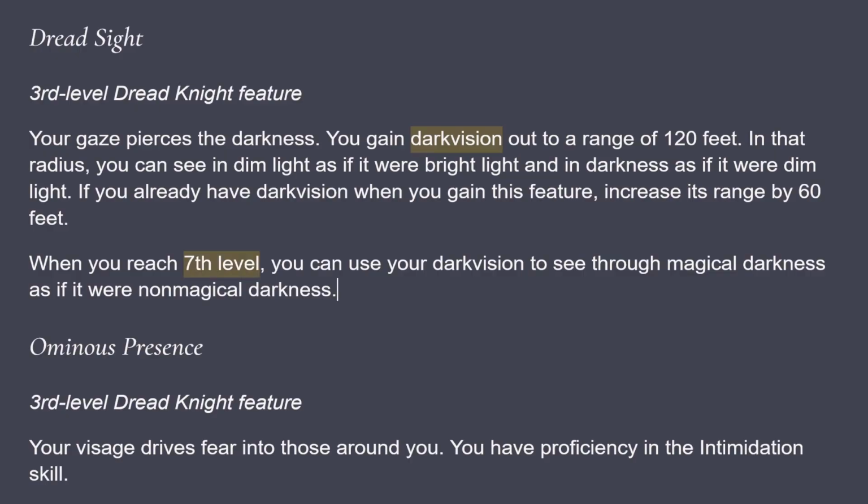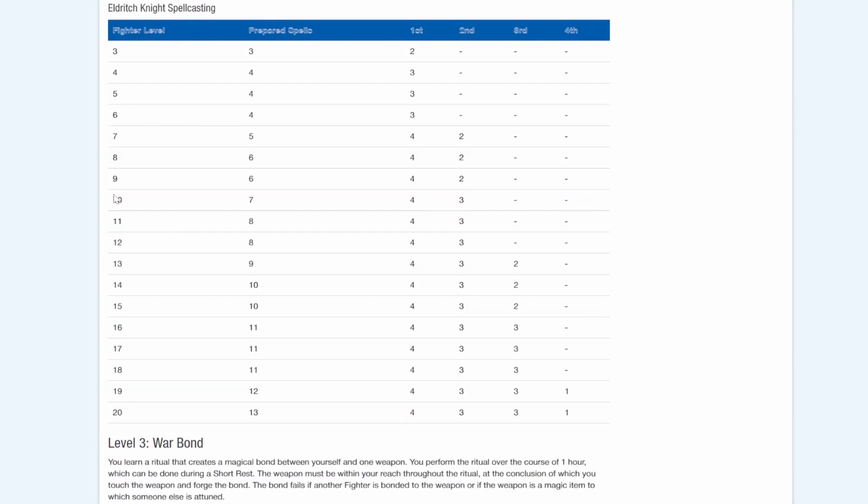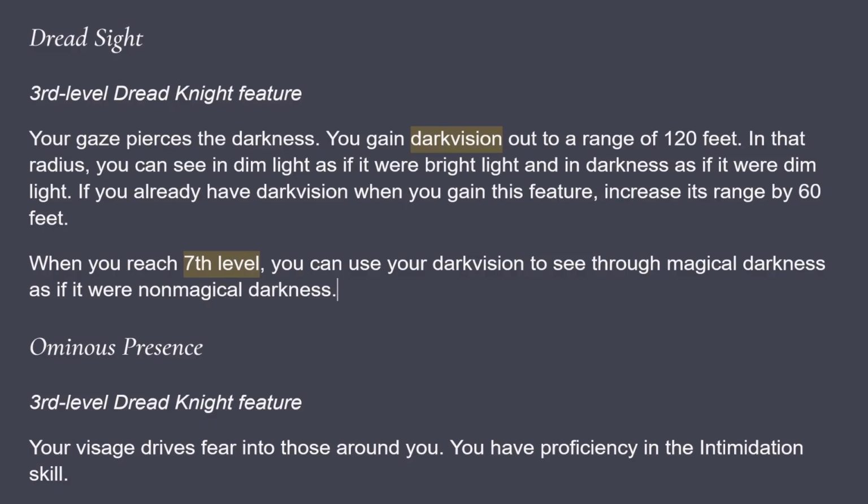Maybe there's a balance thing to waiting on fighters, even if they're a caster, that might be closer to the Eldritch Knight, who gets 2nd level spell slots at level 7, so that's kind of when they should be able to cast darkness. But we're not casting it here, we're just seeing through it maybe.